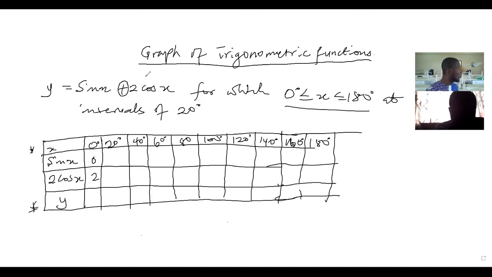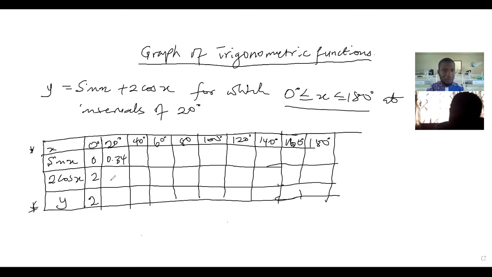So here you add the two of them. 0 plus 2 will give you 2. We go to sine 20. What do you have? Let's do it to two decimal places. 0.34.